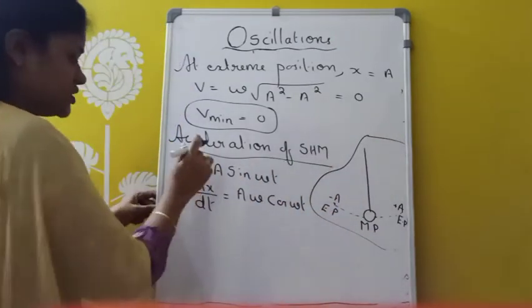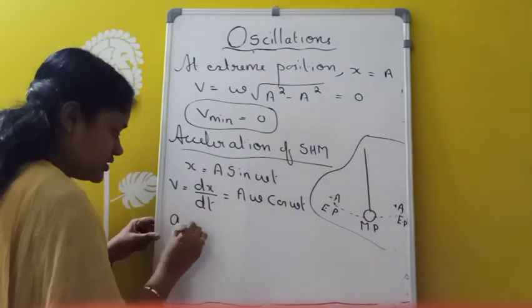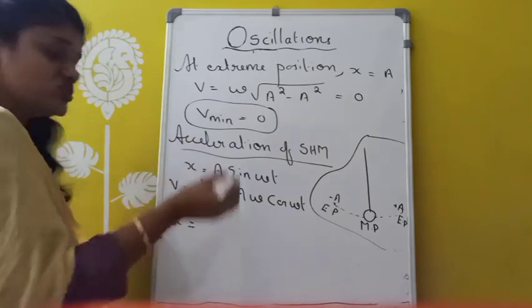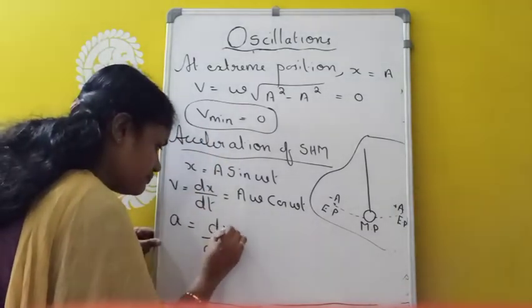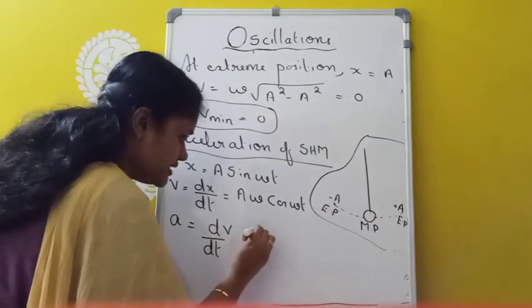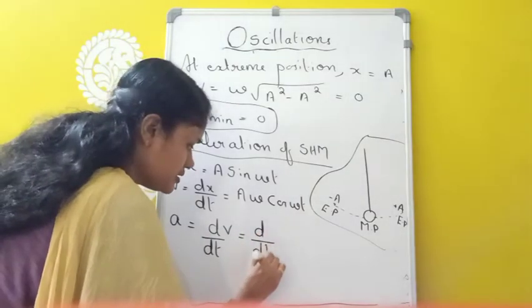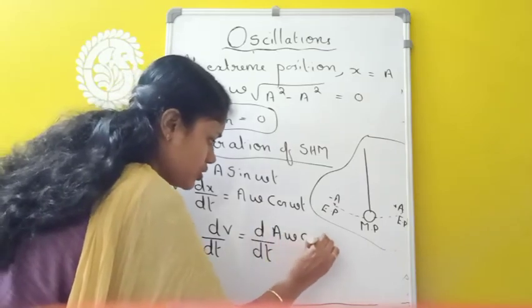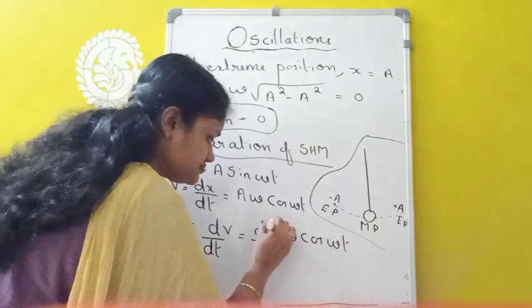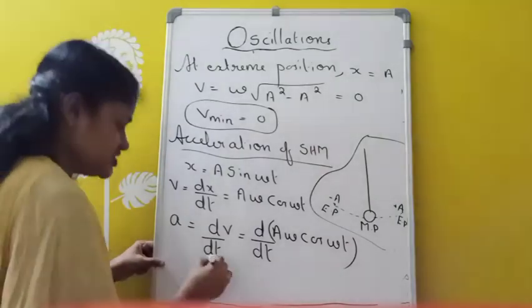Now what we have to find out? Acceleration. Acceleration means rate of change of velocity. That means d by dt of v, that is equivalent to d by dt of, what is velocity here? a omega cos omega t. So I am differentiating here.